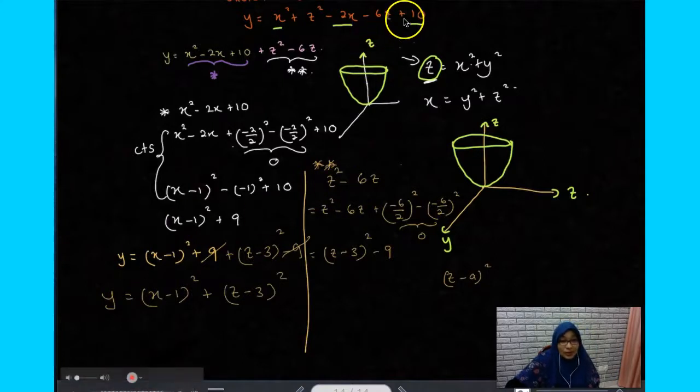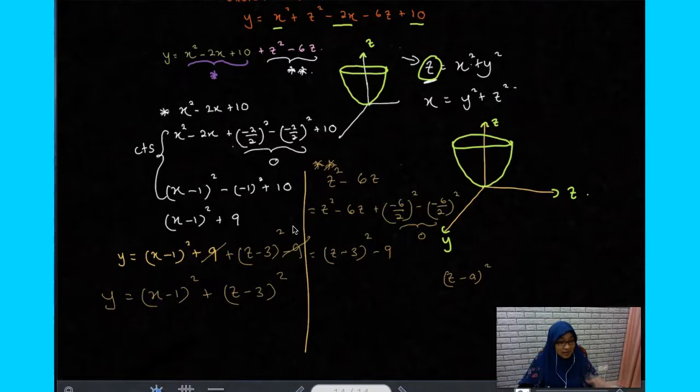So your original expression, which is quite long, has now been transformed into a simpler form using the completing the square technique. Okay, so this kind of question is a favorite in exams.